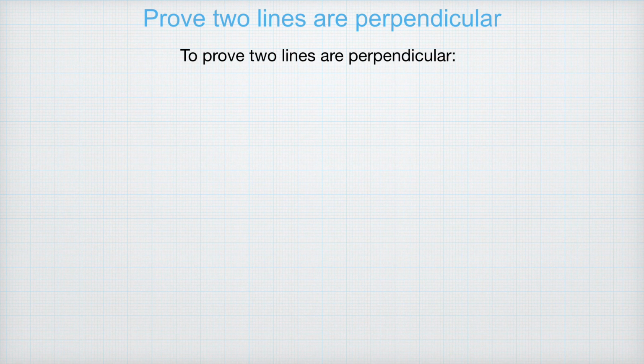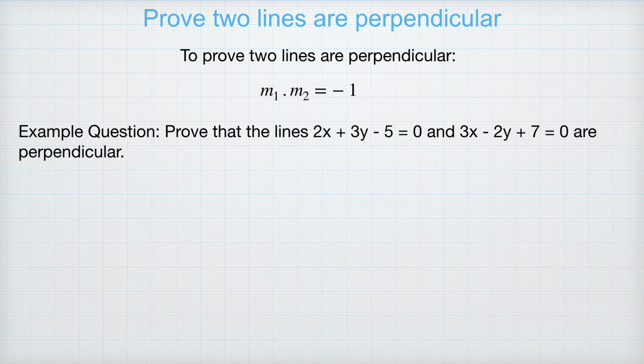To prove that two lines are perpendicular, we use the statement that m1 multiplied by m2 is equal to minus 1. This statement is true if and only if the two lines are perpendicular. Example question. Prove that the lines 2x plus 3y minus 5 equals 0 and 3x minus 2y plus 7 equals 0 are perpendicular.